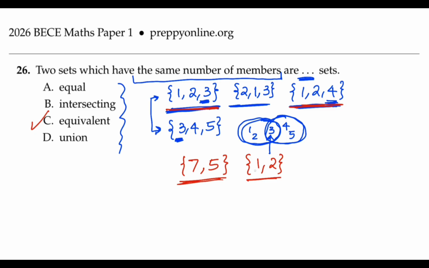The union of two sets is just what we get when we put the elements in all of the sets together. If it's two sets, then it's what we get when we put the elements in the two sets together. So the union of 7, 5 and 1, 2 is just 7, 5, 1, 2, the set that contains all the elements. So our answer is C.